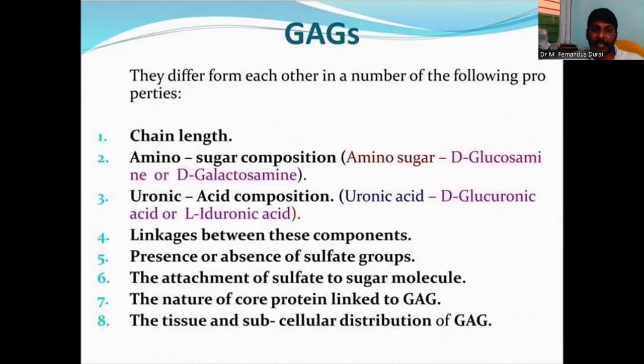And the uronic acid composition: the uronic acid is D-glucuronic acid or L-iduronic acid. Then the linkage between these components, the presence or absence of sulfate groups and the attachment of sulfate to the sugar molecule, the nature of the core protein linked to the GAG, and the tissue and subcellular distribution of GAGs. So the glycosaminoglycans, or mucopolysaccharides, differ from each other in these areas.